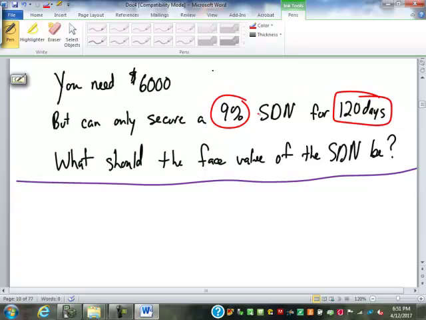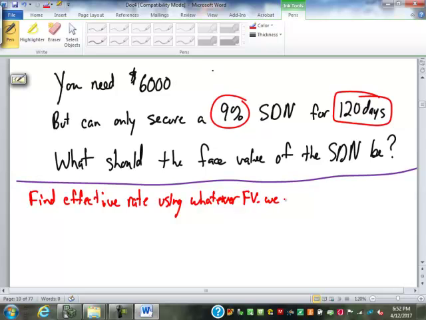If it's a 9%, 120-day simple discount note, the effective rate will be the same. So we can find the effective rate using whatever face value we wish.